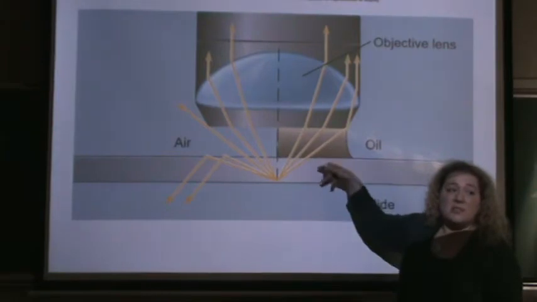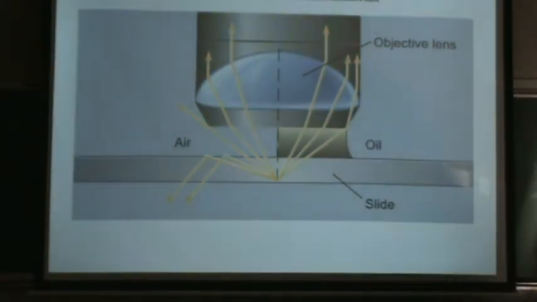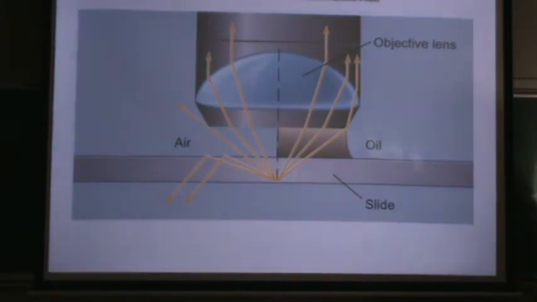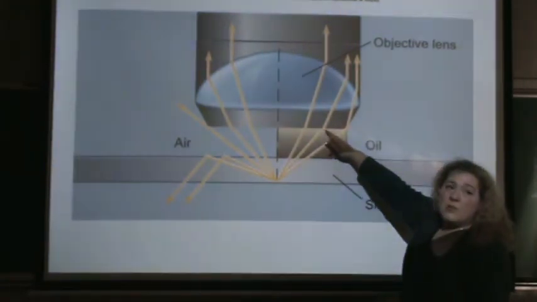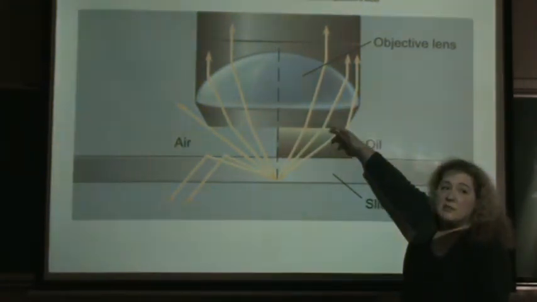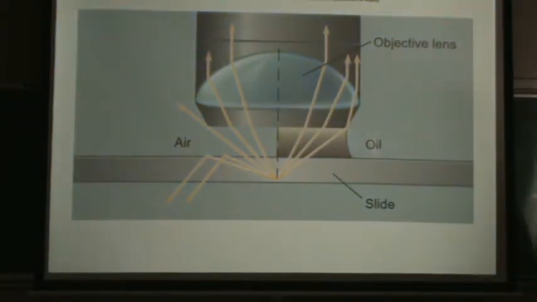That's why the oil is there. It keeps more light in the system, and that helps improve the resolution. Again, if you use the oil lens without oil, you won't get good resolution. It'll look more fuzzy. You can do it, it just doesn't have as good of a resolution.